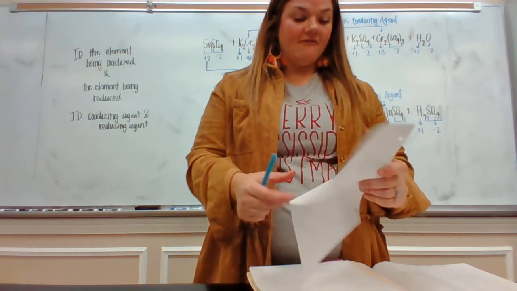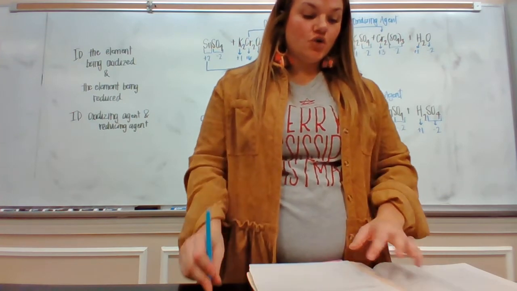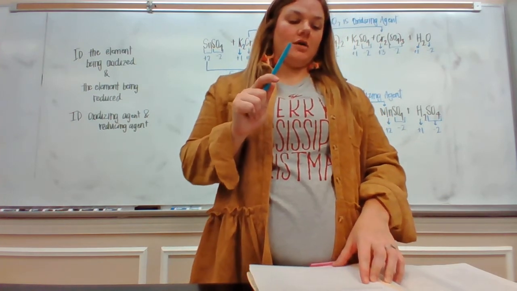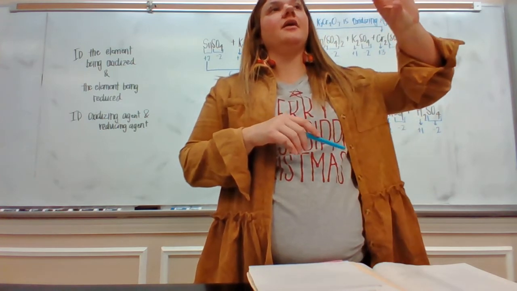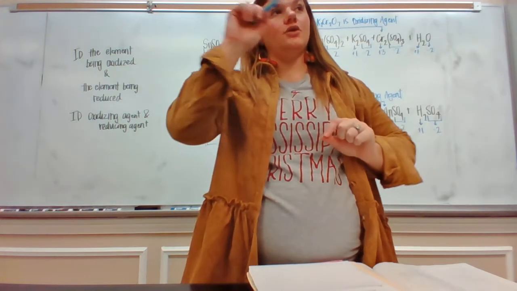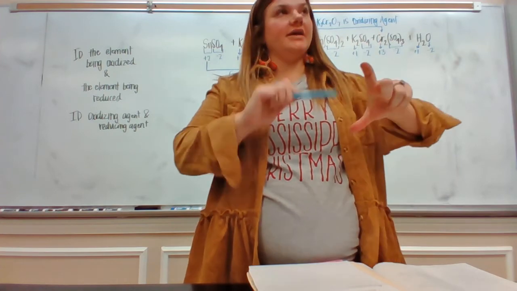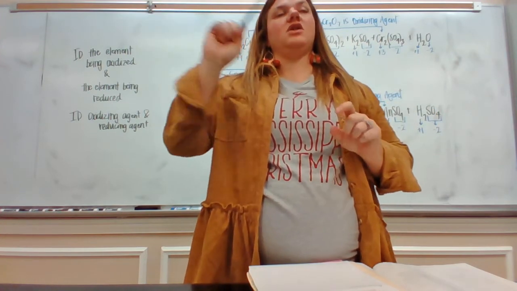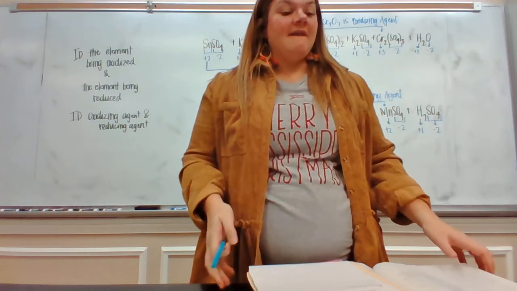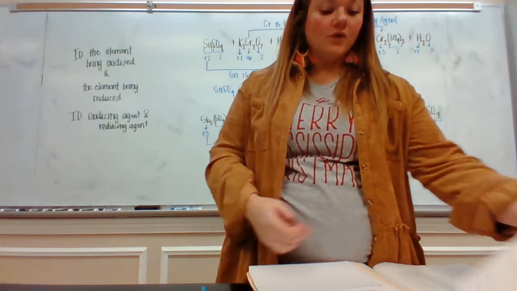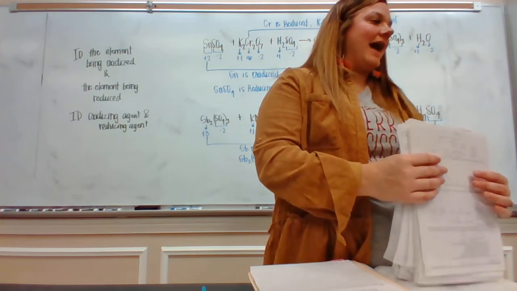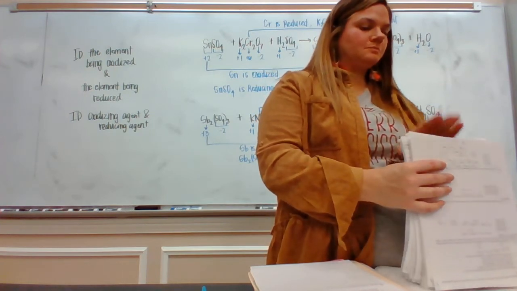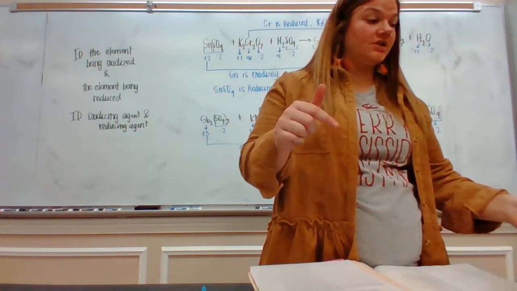Then I have 20 naming problems, just like on your old test. 10 where I give you a formula and you give me the name, 10 where I give you the name and you give me the formula. That will include naming acids, which is what we just learned in chapter 8.